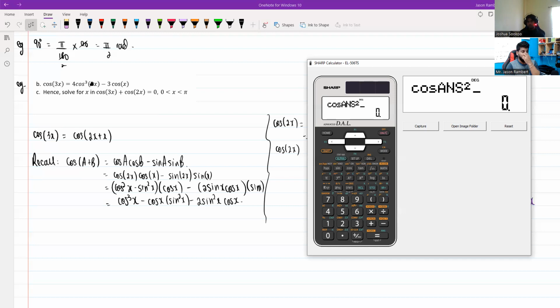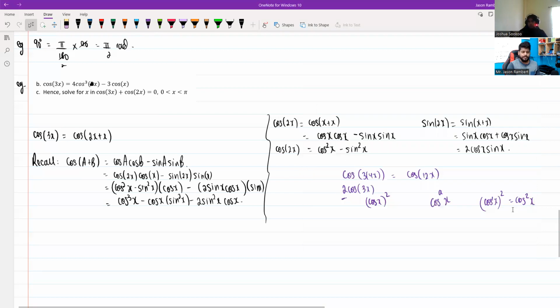Some calculators will allow it, others won't. But cosine squared x is cosine of x, and then you square it. That is why for this multiplication here, the cosine x and the cosine x, the angles are independent of each other. So I do not combine those operations and have an x squared. Cosine by cosine is cosine squared. That is why we have cos squared x, same thing for the sine squared x.